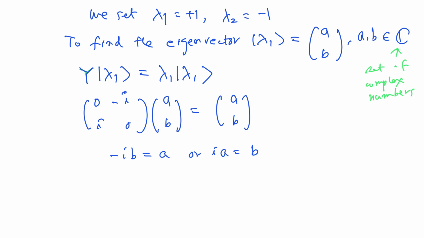So tentatively we can set A equal to 1, then B must be, let me see, minus IB equals A, so B is I, right? It's unnormalized.